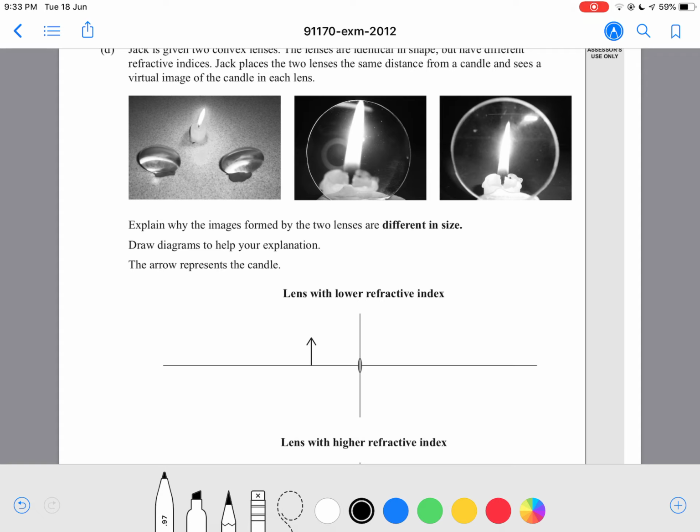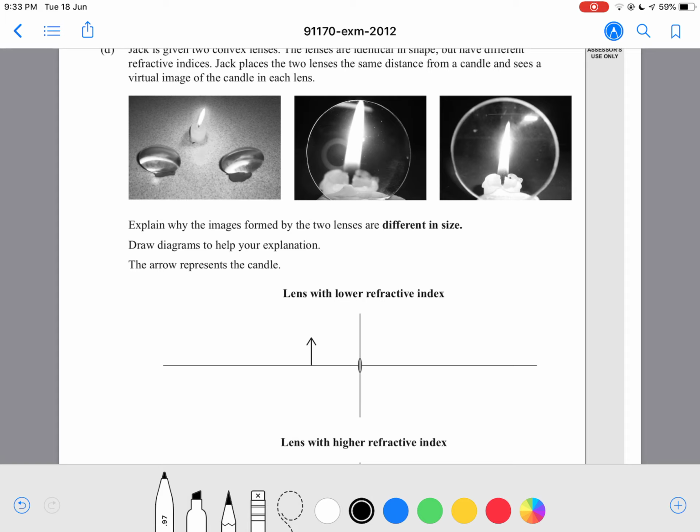Because it's hitting the less dense glass, the light rays slow down less. If we move it into the more dense glass, it will slow down much more, and therefore the rays will slow down a lot more. So there's less change in v for the less dense lens.